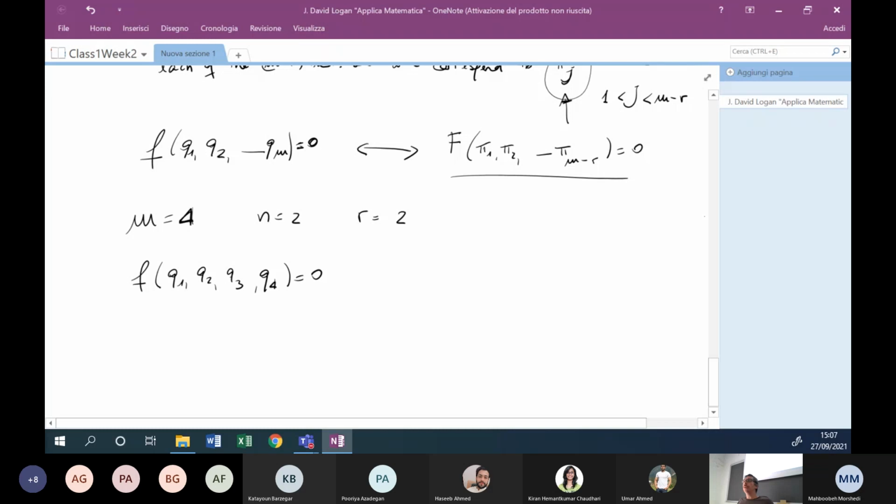Then n equal to 2 means that these q1, q2, q3, and q4 are expressed in terms of just two fundamental dimensions.